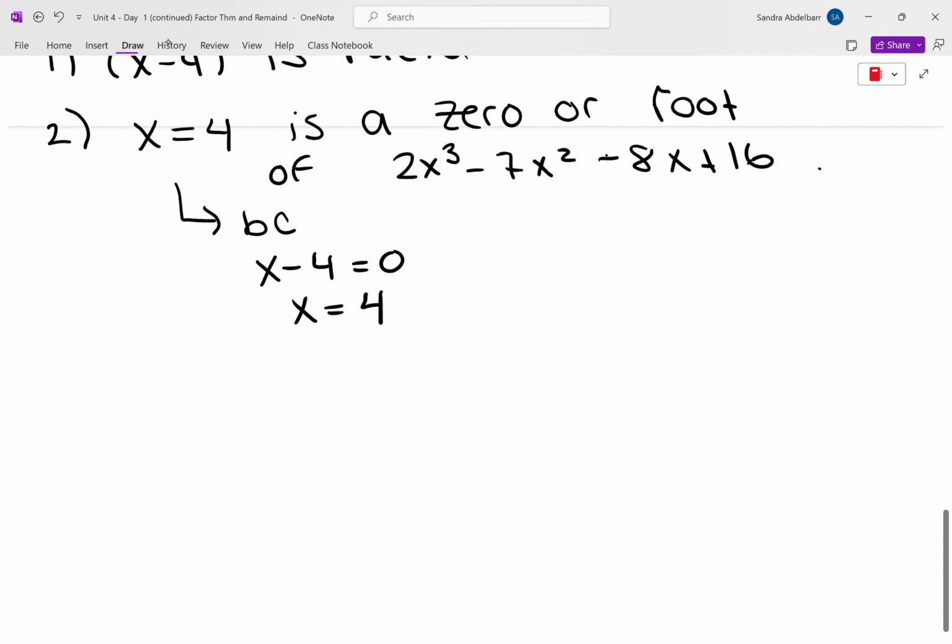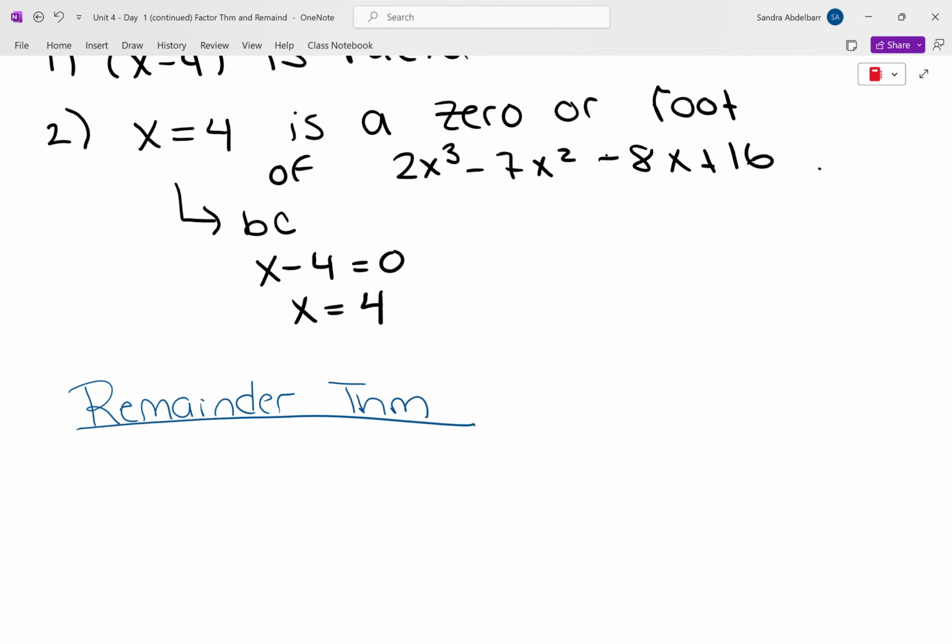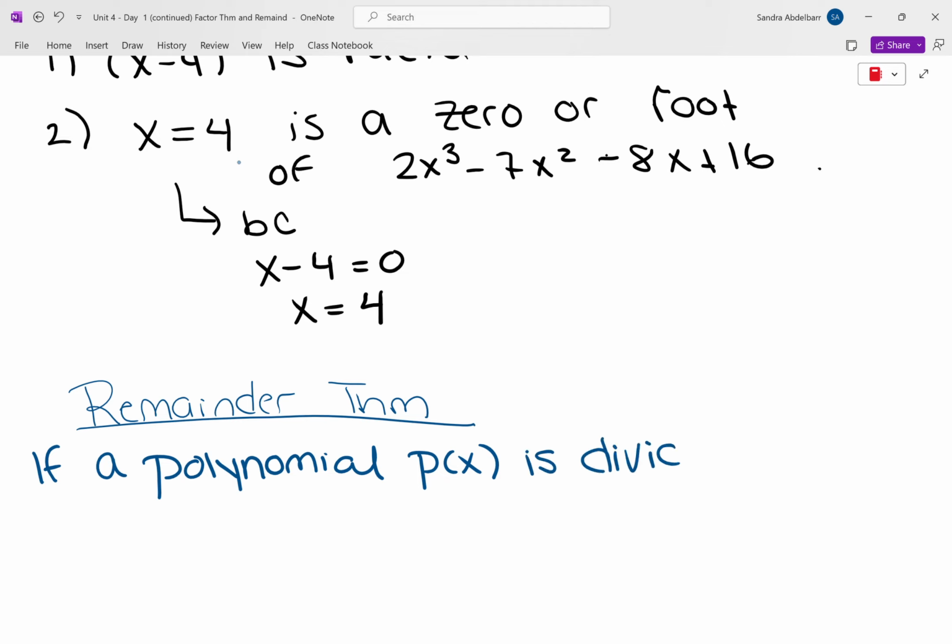Okay, let's talk about the remainder theorem now. Okay, if a polynomial p of x is divided, this is a different theorem.